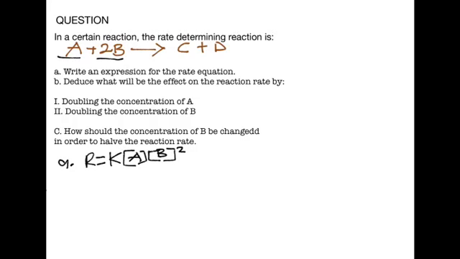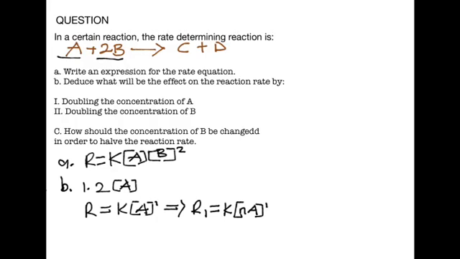Now let's look at B. Part I says that we double the concentration of A. But let's remember that when we double the concentration of a first order reactant, that is when we have a rate such as this, and then we increase the concentration of A by n, such that we have our new rate R1 equal to K[nA], then we can say that R1 is equal to nR.